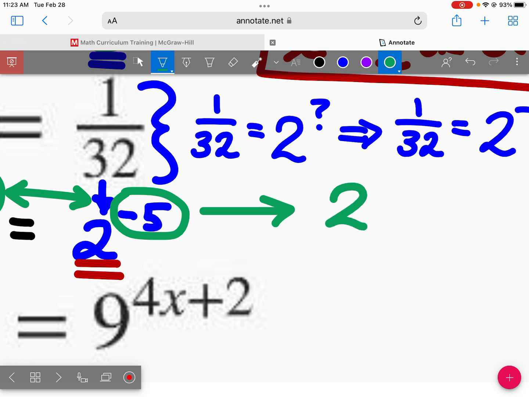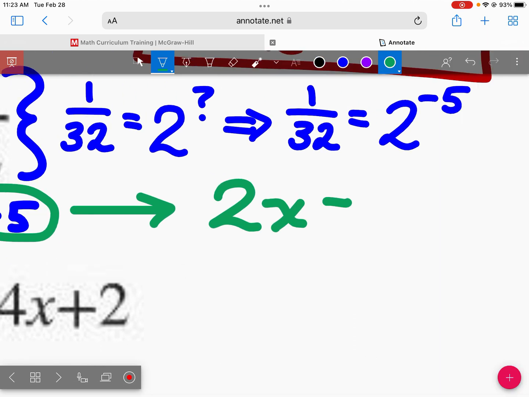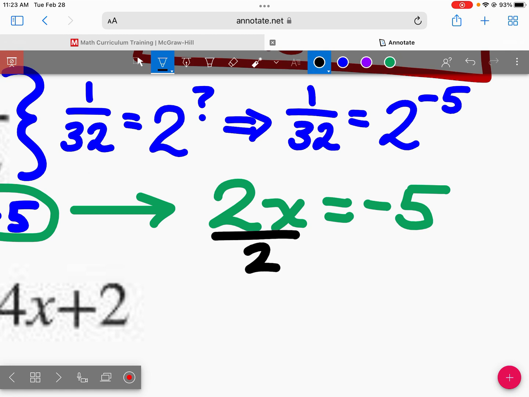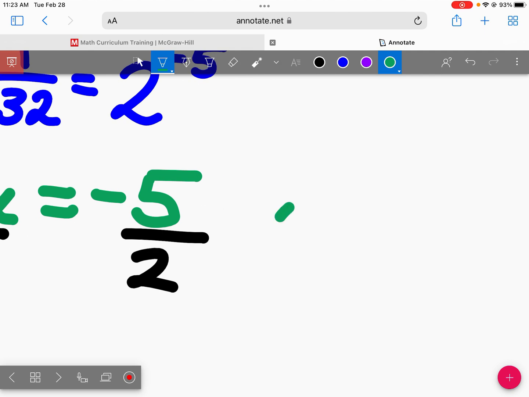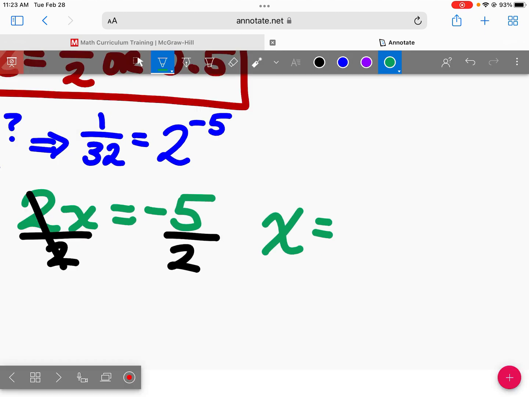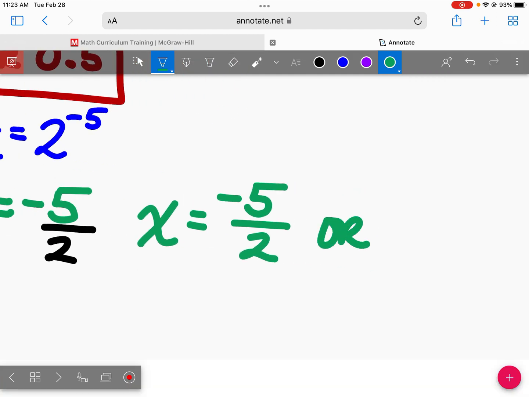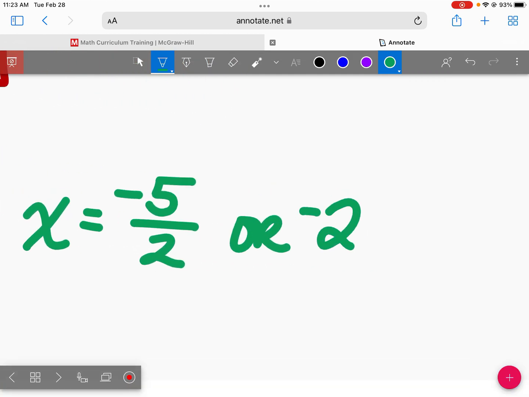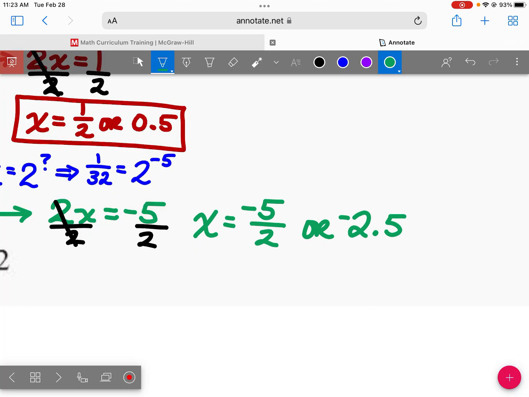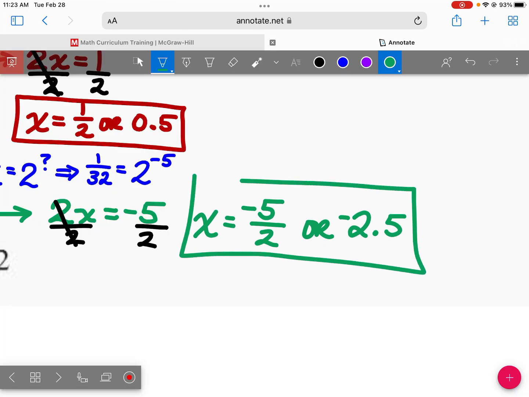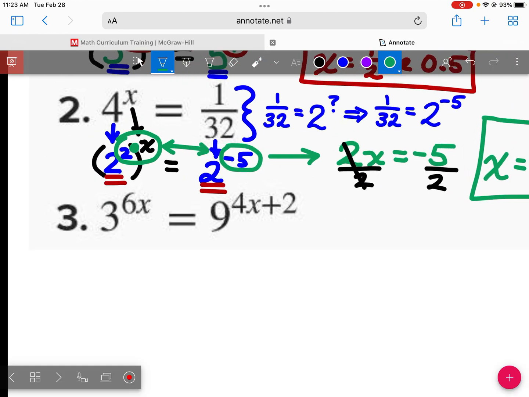So I get 2x equals negative 5. What would I do to solve that? Divide both sides by 2. So x is equal to negative 5 over 2. Or if you wanted to write that as a decimal, negative 2.5. All right, one more on the bell work.